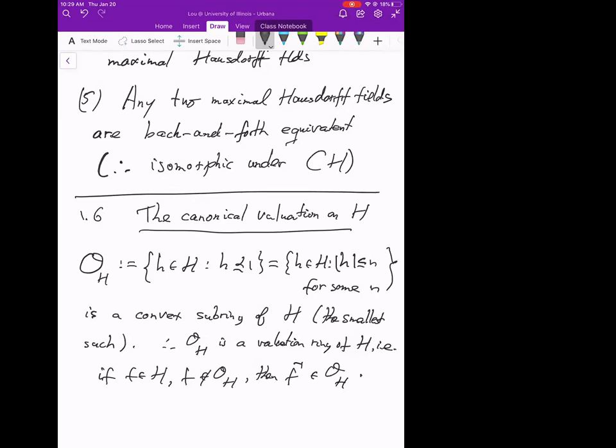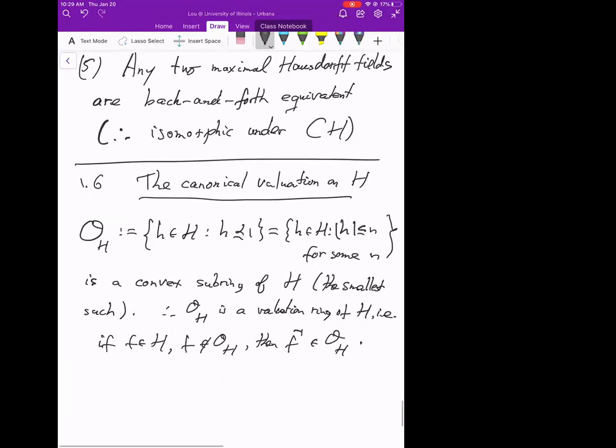And this automatically induces a valuation on the field, which in this case is simply given by our dominance relation. Yeah, and let me first say that this valuation ring is always a local ring. That's a consequence of being a valuation ring. O_H is a local ring. It has exactly one maximal ideal, and its maximal ideal consists of the infinitesimals, right?